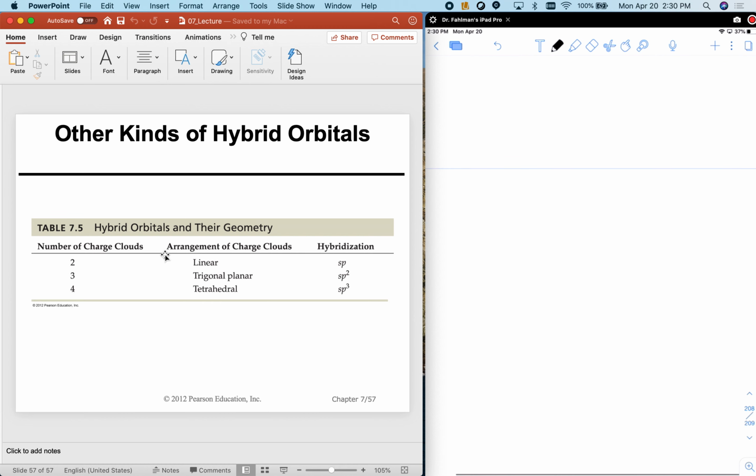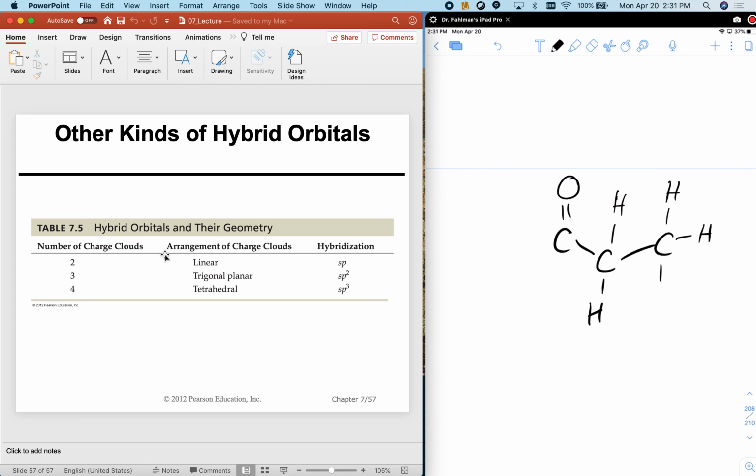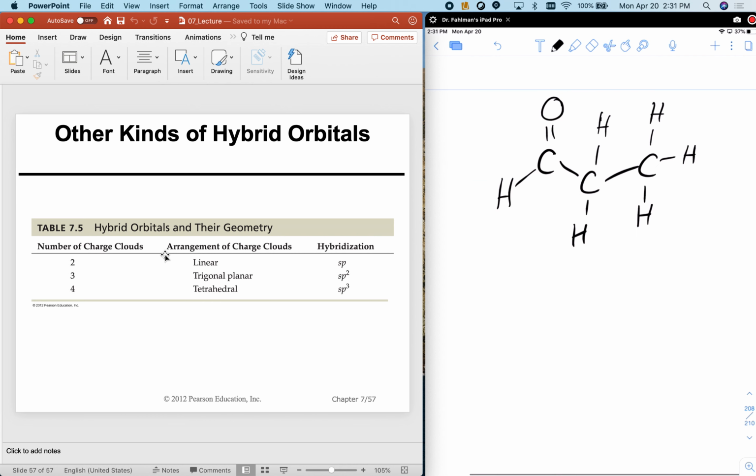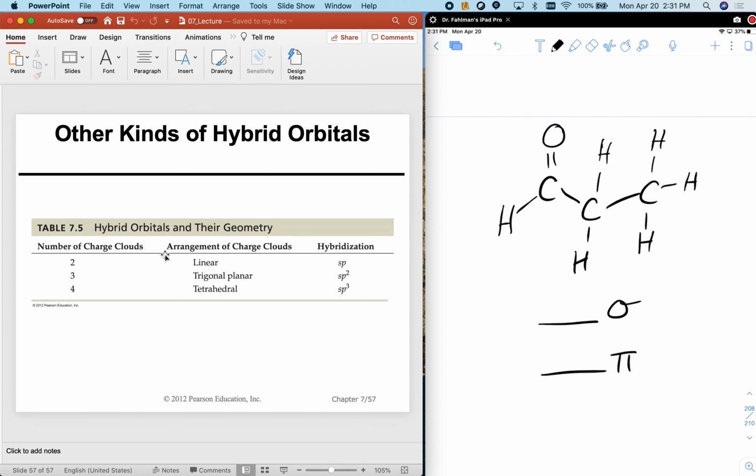And so a typical question might be this one, for instance. You'll be given a complex looking molecule like this, and then asked, how many sigma and how many pi bonds do you have in that molecule? Literally it's this easy. For sigmas, you're just adding up all the single bonds.